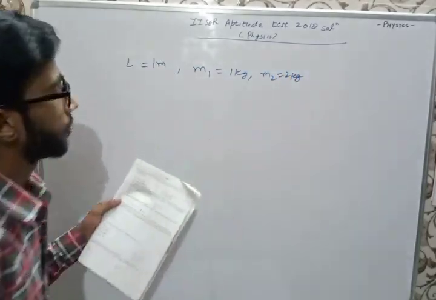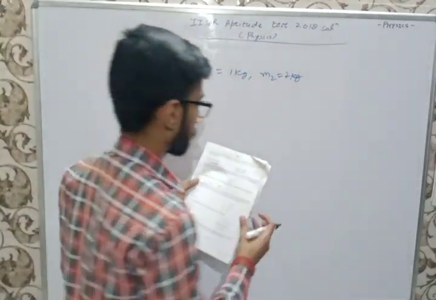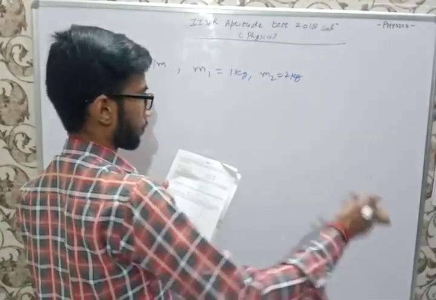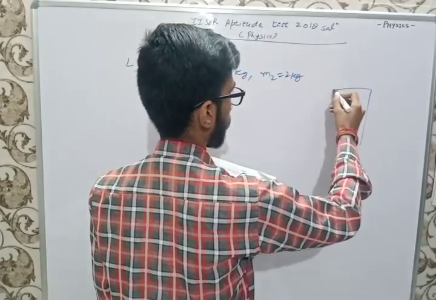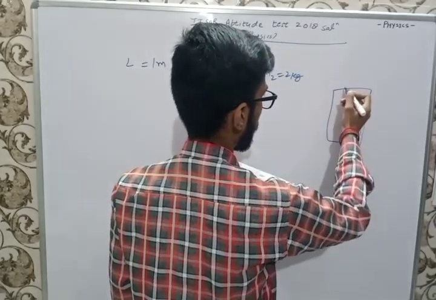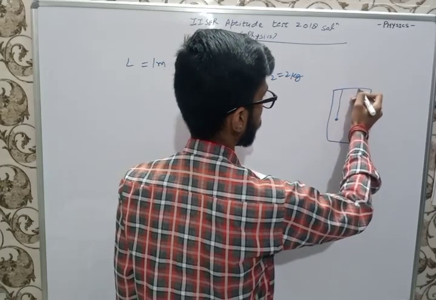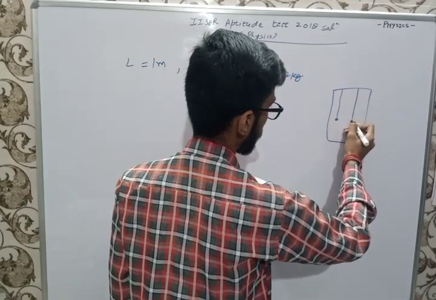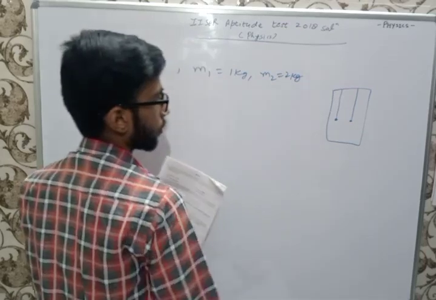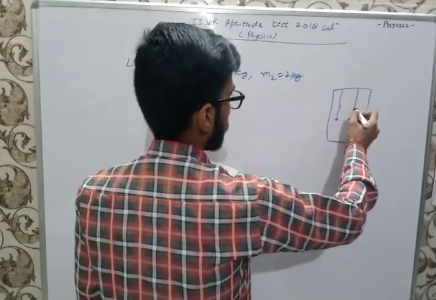These pendula are hung from a roof of a lift. So it is a lift, and the pendula are being hung from the ceiling of the lift. This is pendulum 1, pendulum 2.